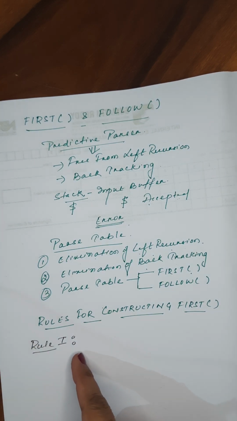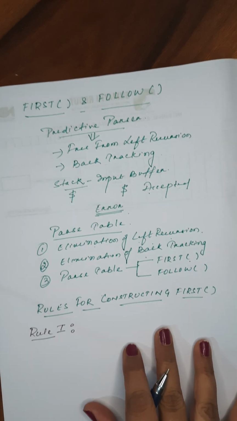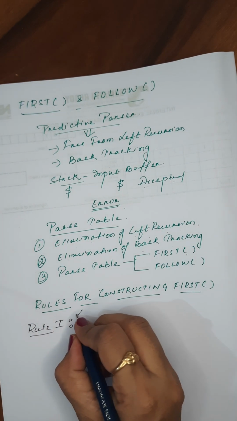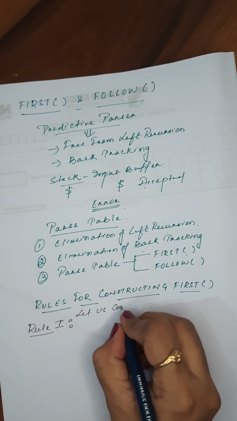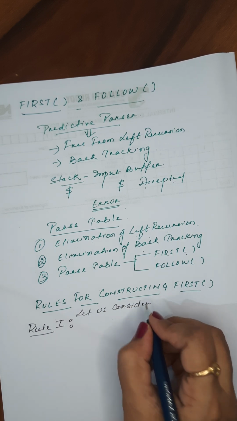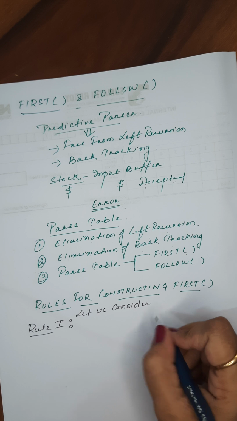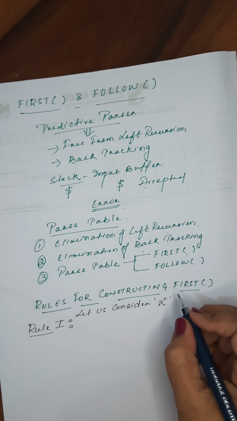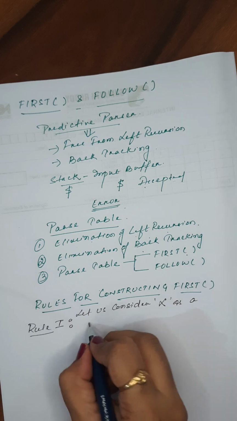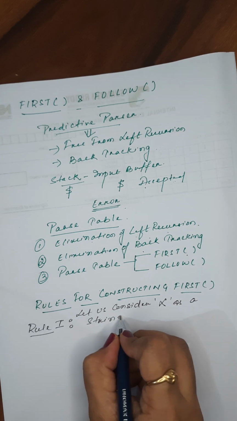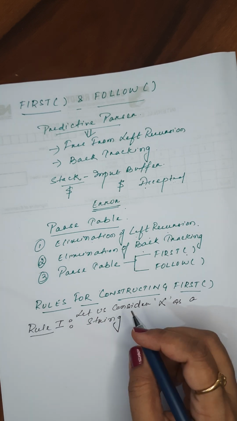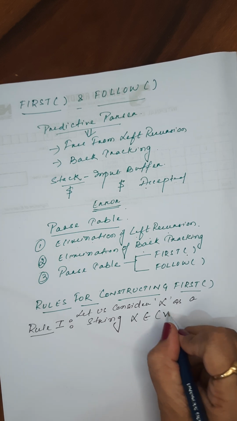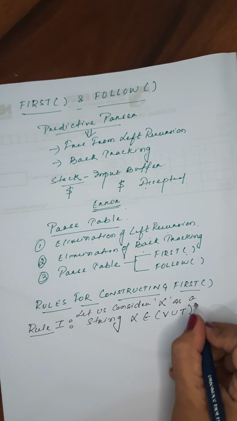Before going to rule 1, we have to consider a string. A string will be given for which we have to calculate the first and follow. Let us consider alpha as a string, where alpha belongs to (V union T) star.